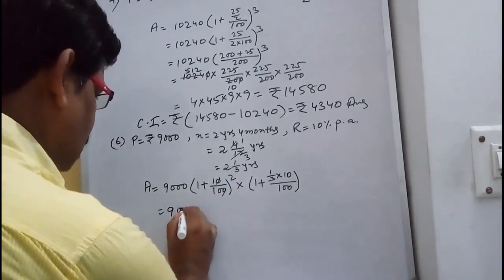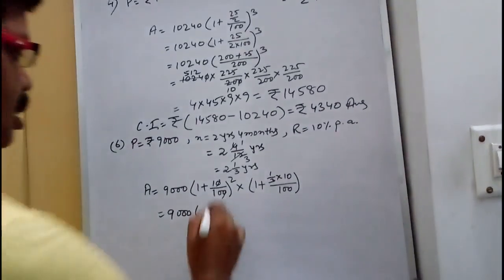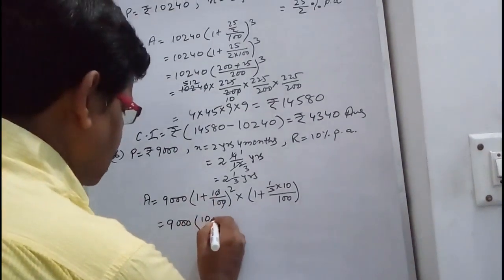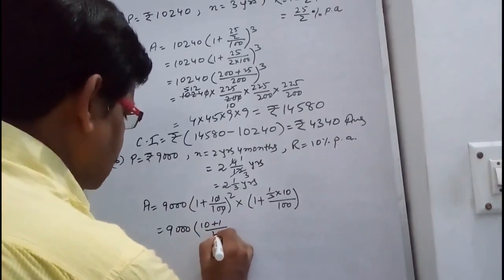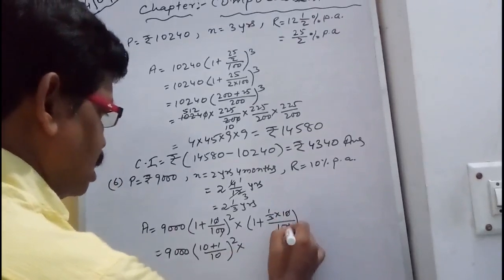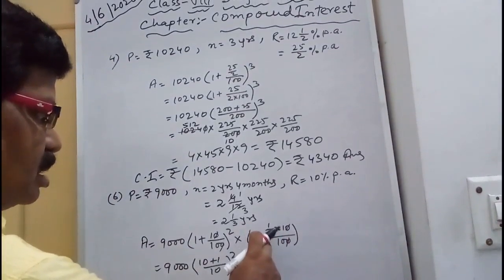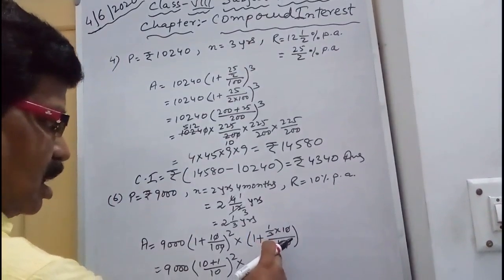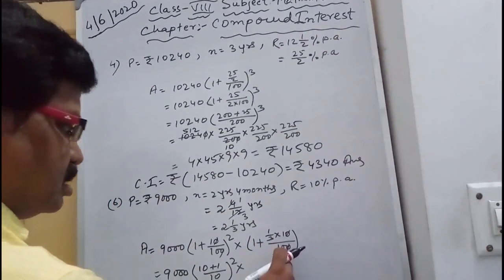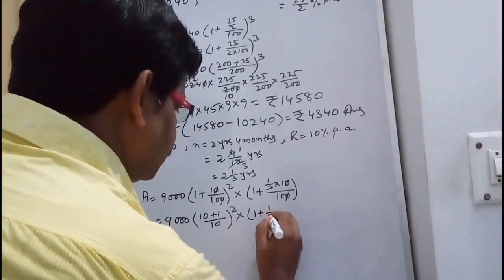So 9,000, as there is 1, so 10 into 1, 10 plus 1, 11 by 10, power 2, into this 10 cancels. As 3 is in the denominator, it will come here, multiply with 10, so becomes 30.